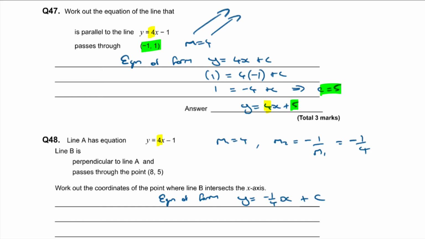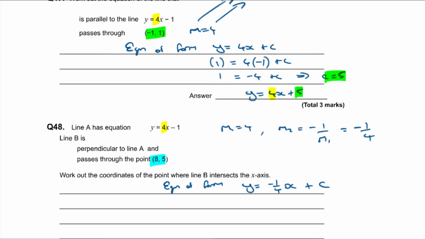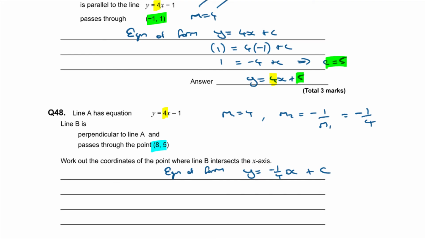Okay. Now we know it passes through the point 8, 5, so we can say passes through 8, 5. So subbing that in for y and x, then I'm going to get 5 is equal to minus a quarter lots of 8 plus c. Okay, well that's 5 is equal to minus a quarter lots of 8 is minus 2.